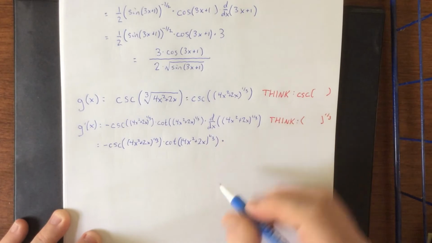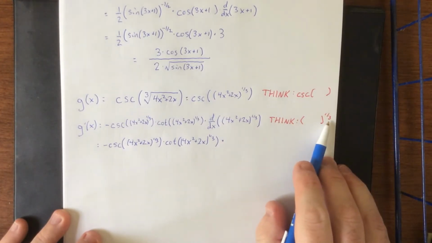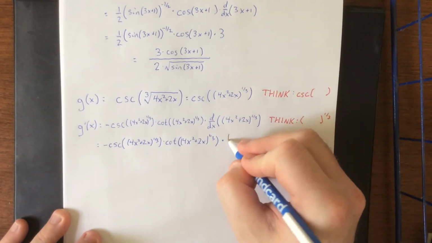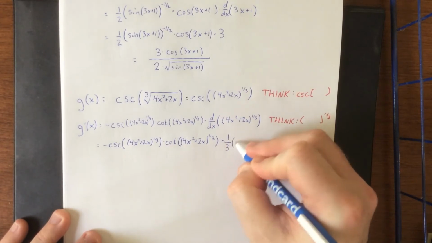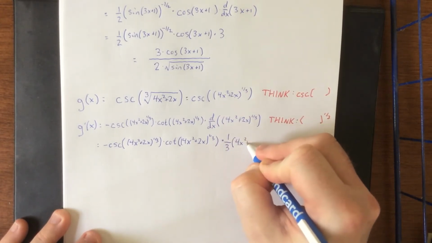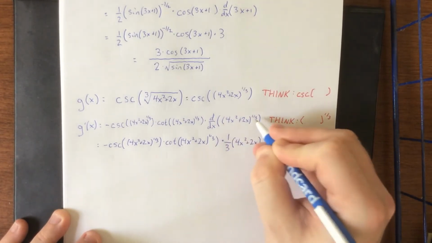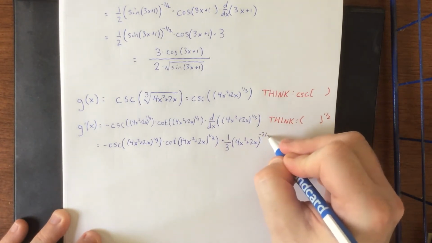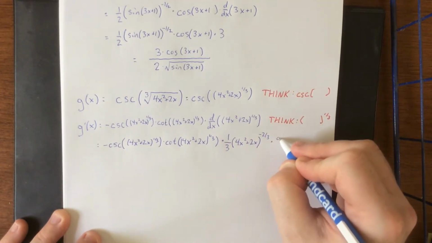Now we apply the power rule. Our power is currently 1/3, so we will multiply by the current power and reduce the power by 1. 1/3 minus 1, get a common denominator, you'll have negative 2/3.